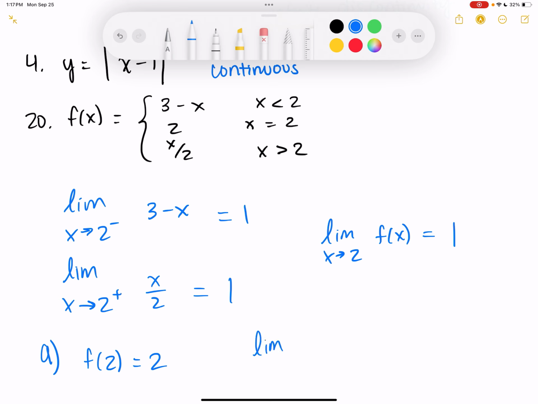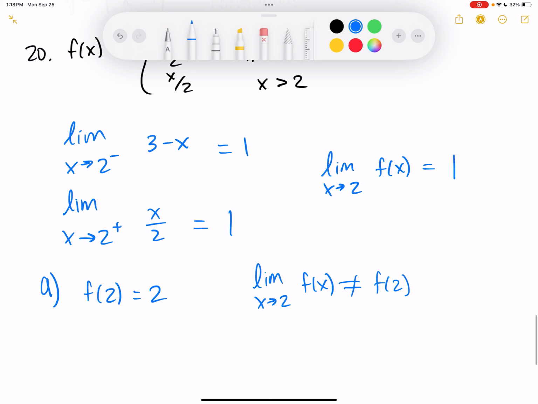However, the limit as x approaches 2 of f of x, we said was equal to 1. That's not equal to f of 2. So it is discontinuous at x equals 2.